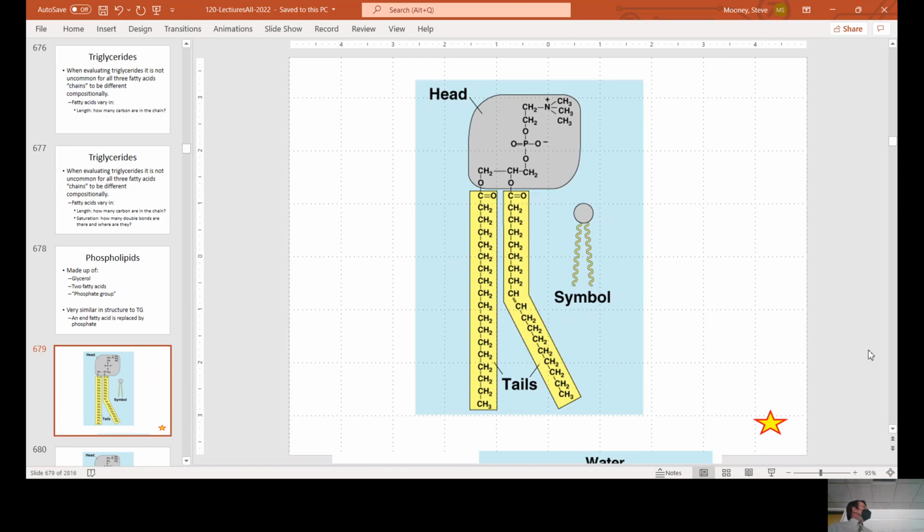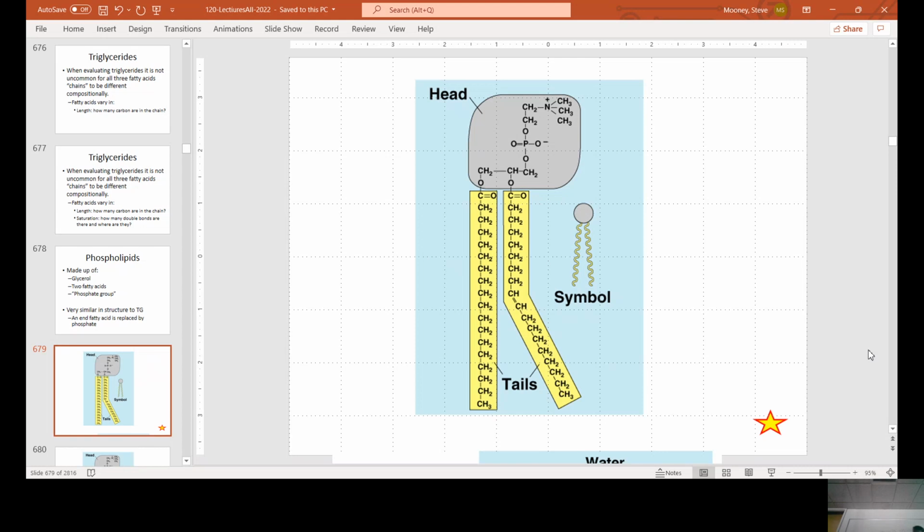So if we look at that, I think I got you this diagram. What you're seeing for our phospholipid, we've got our glycerol right here. Off of this end carbon, we've got the phosphate group. And then off of this carbon and this carbon, we have two fatty acids. So what we have in this phospholipid is a head that has charges associated with it.